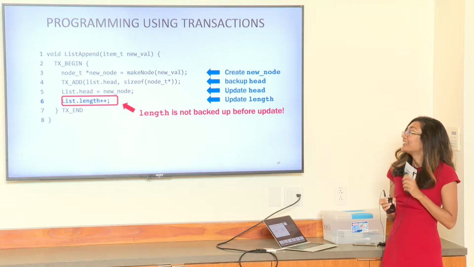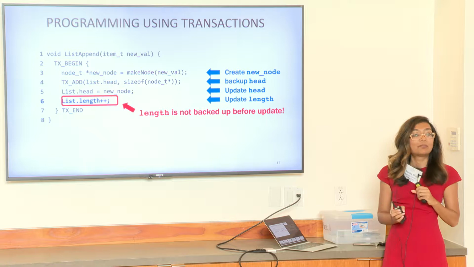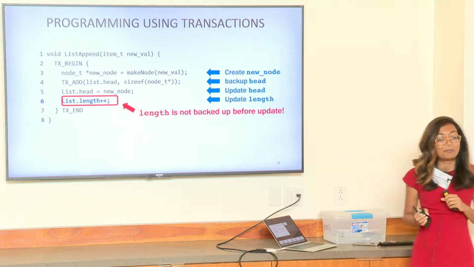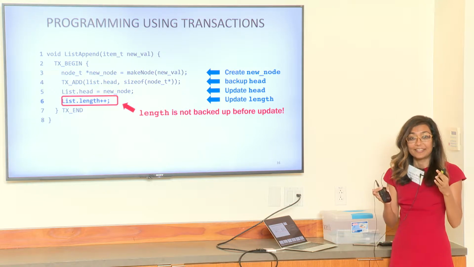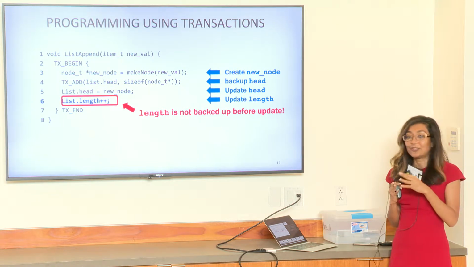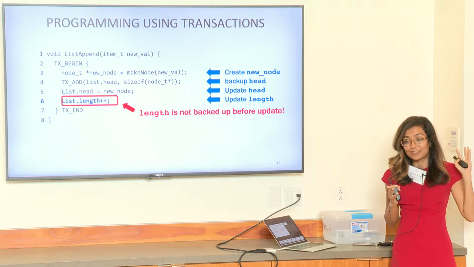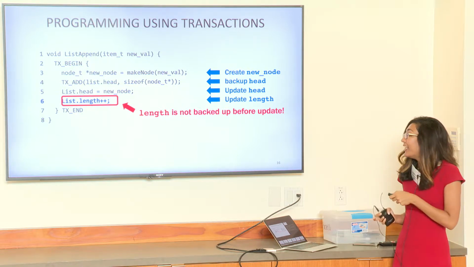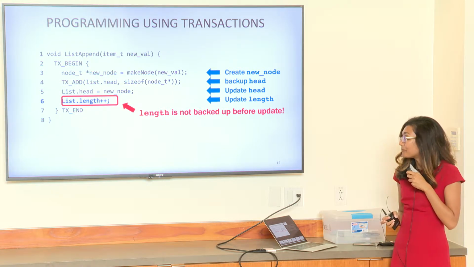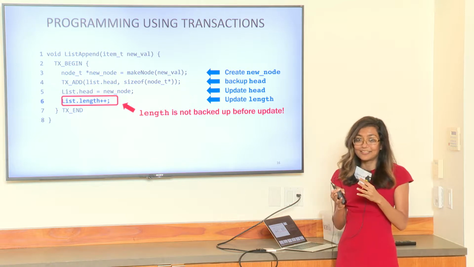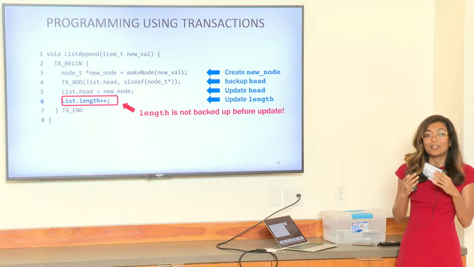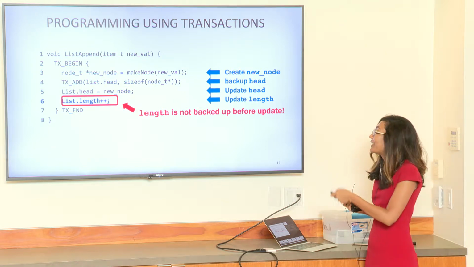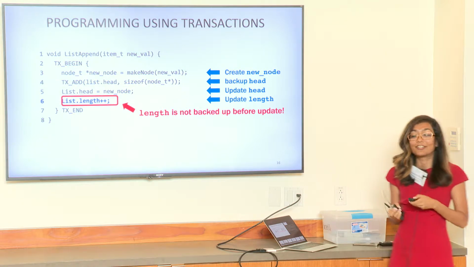But here, the length is not persisted. It's not backed up. And in the recovery, if we need the length to recover, and if we don't want to go through all the nodes to figure out the length, this has to be backed up. So even with transactions, we are expecting the programmers to know how the recovery code works or exactly what they're supposed to do in the transaction.